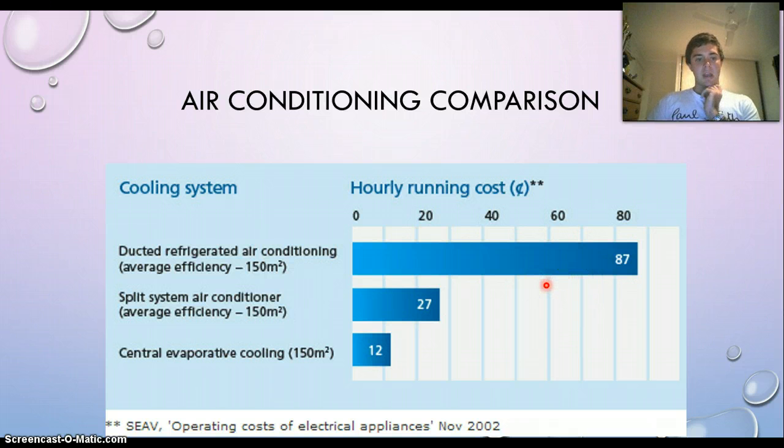While the split system air conditioners use 27, which is a massive drop, and then even more of a drop is the central evaporative cooling, which is the main topic. It only uses 12 cents per hour for 150 square meters, which is definitely much better than the ducted refrigeration air conditioning and most common air conditioners when considering the total cost and the environmental impact.